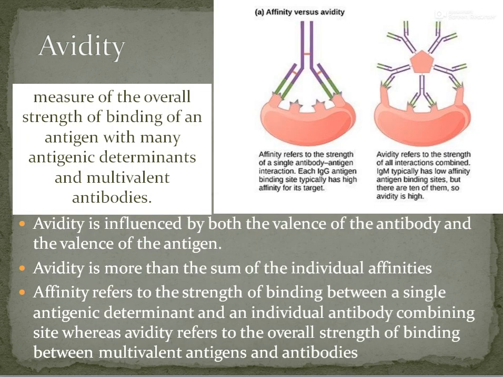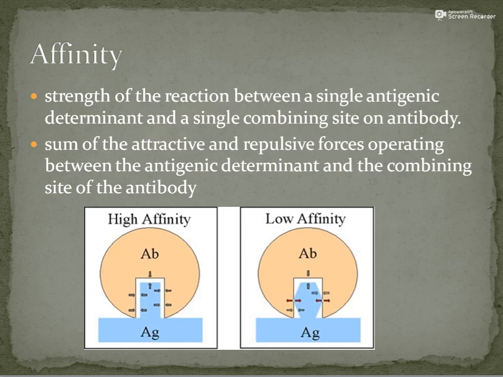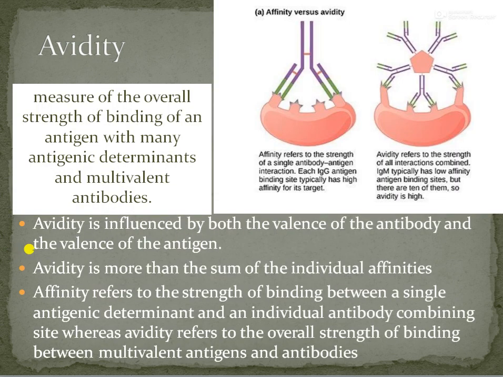Now coming to avidity. It involves the measure of the overall strength of binding of an antigen with many antigenic determinants and multivalent antibodies. In the previous one, you were considering the strength of the reaction between one single antigenic determinant and the antibody. But in the case of avidity, it is the strength of binding of an antigen with many antigenic determinants and a multivalent antibody.